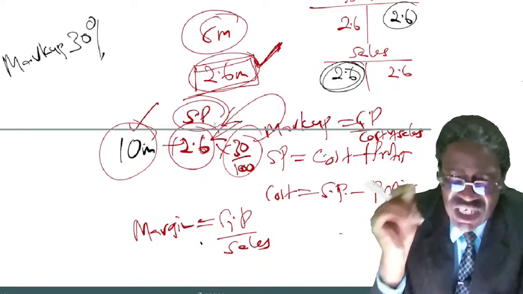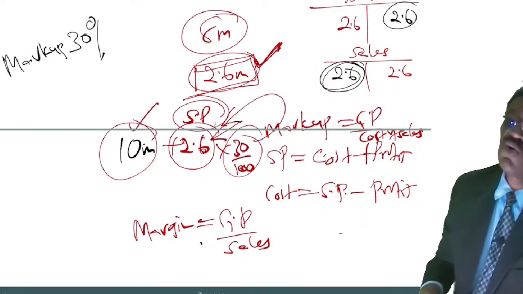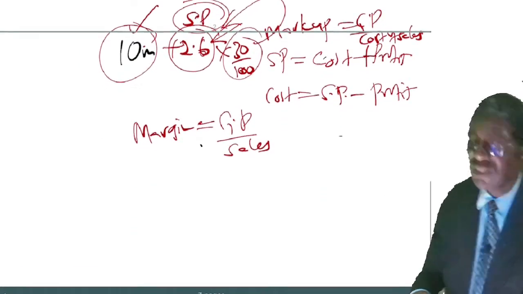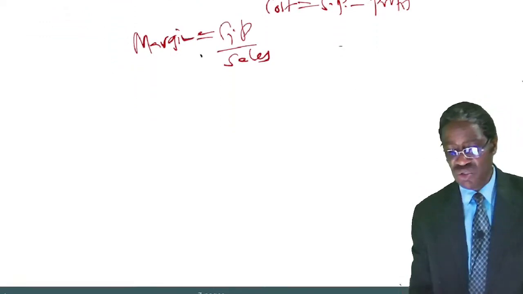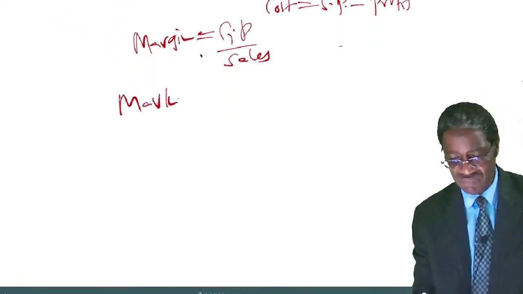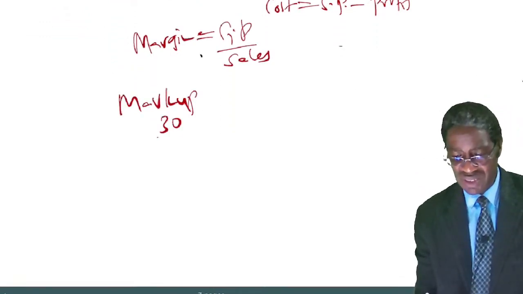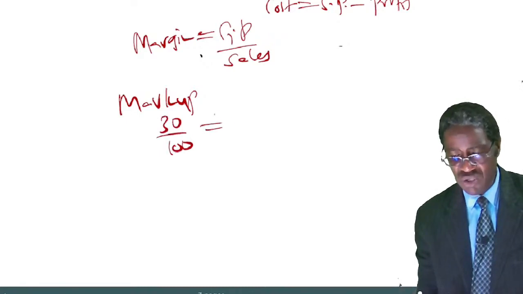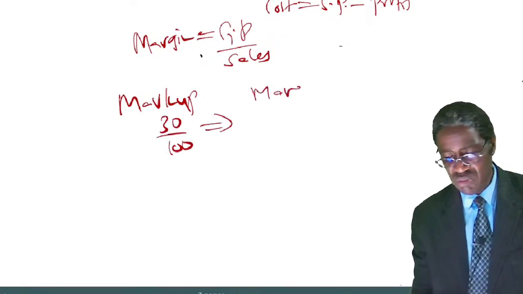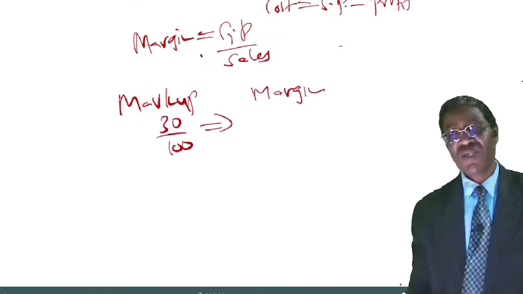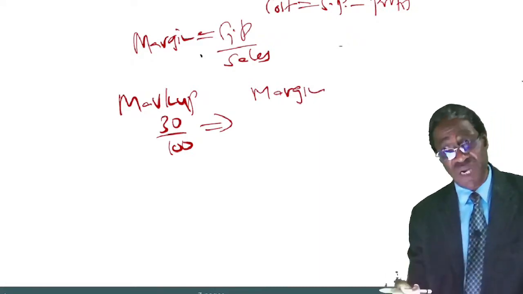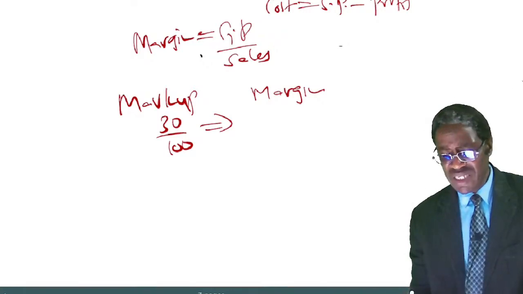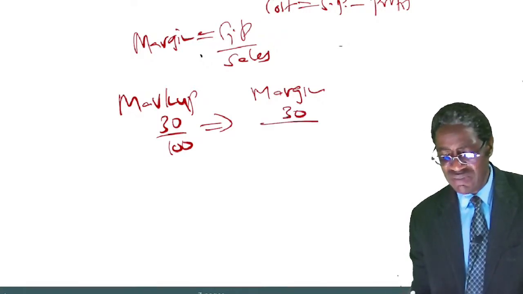So the trick here was that you had to remember how to convert your markup, which in our case is 30%, to margin. Just to remind you, when you are converting markup to margin, you take the numerator and let it remain the same.